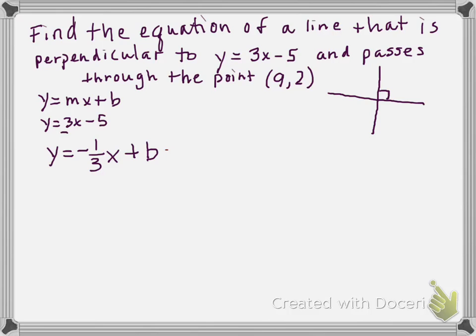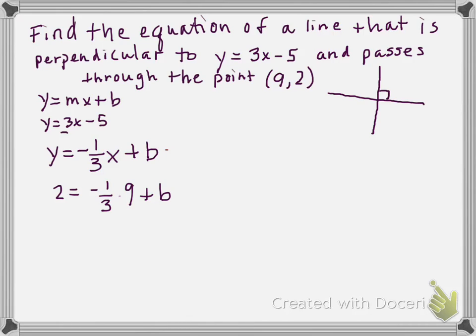The thing we do know, though, is that this line passes through the point (9, 2). So we substitute these two numbers in for x and y: 2 is y and 9 is the x value.